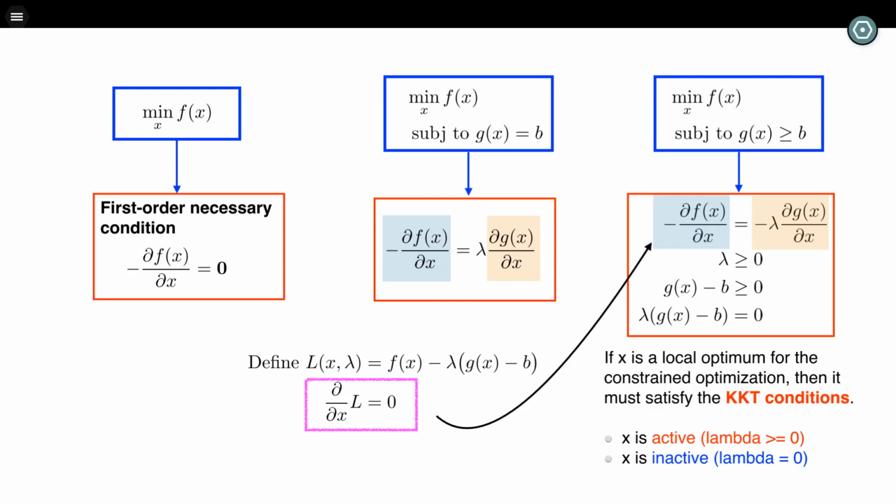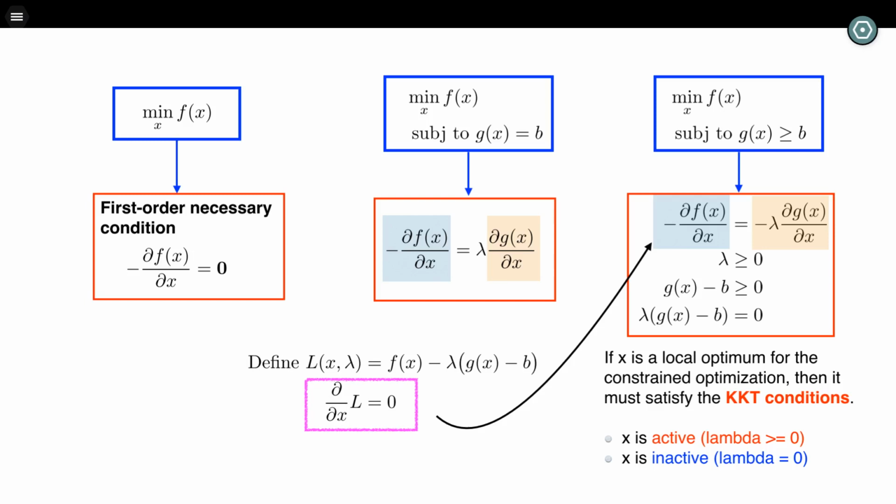All the x must satisfy that equality constraint, g(x) equals b. Again, we can do the same argument. Suppose x is a solution, or at least a local minimizer of this problem. Then minus the derivative of f is a direction along which, if we take a tiny step, we can reduce the value of f.